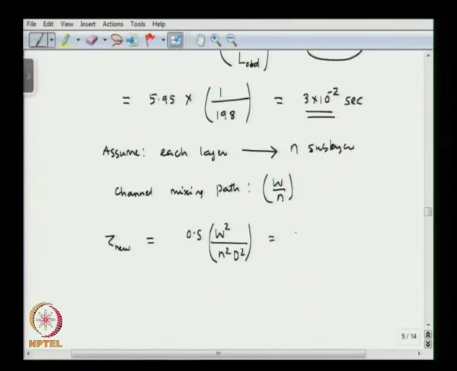So, we can find n as W divided by square root of 2 tau nu d square.